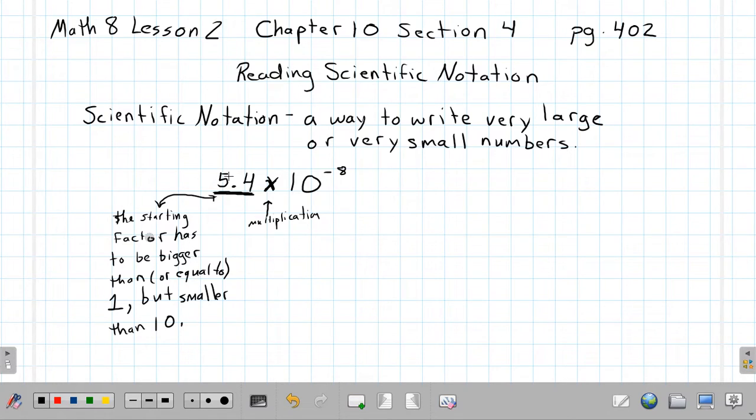Okay, so as you notice, this 5.4, if you know how to order numbers and you know how to compare two numbers in this way, 5.4 is in fact bigger than 1. If you wanted to know why that is, look at the ones place. In the ones place here, there's a 5.